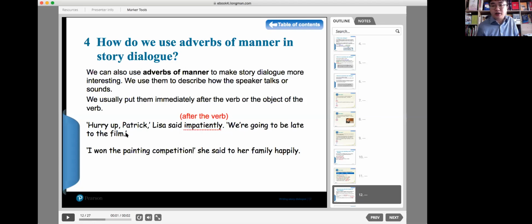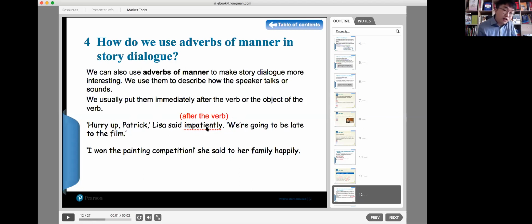Hurry up, Patrick, Lisa said impatiently. So this is an example of adverbs of manner. We put it after the verb to describe the action, to describe the action that Lisa was saying this phrase impatiently.